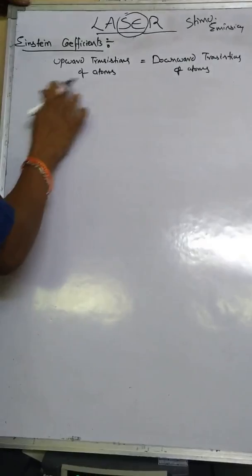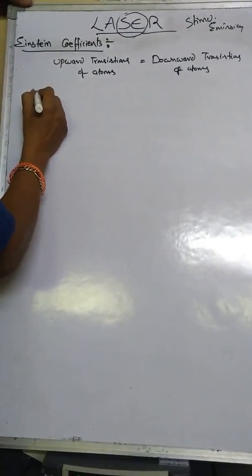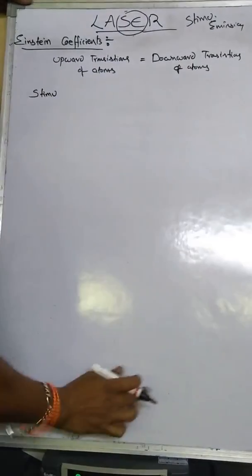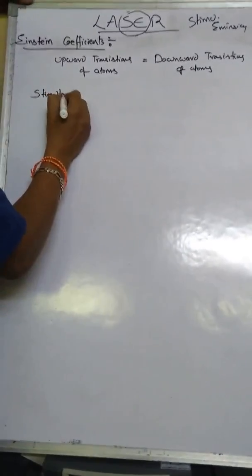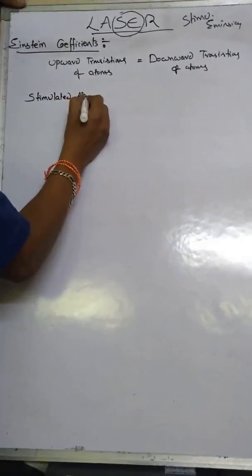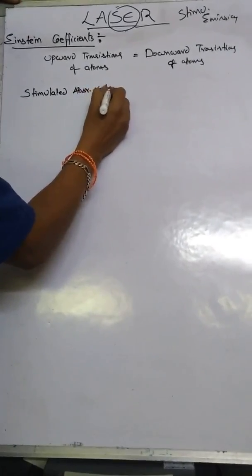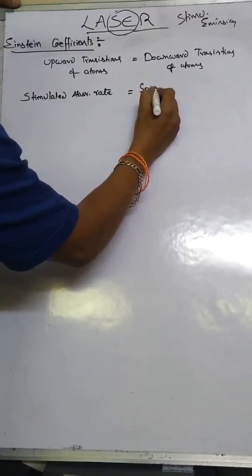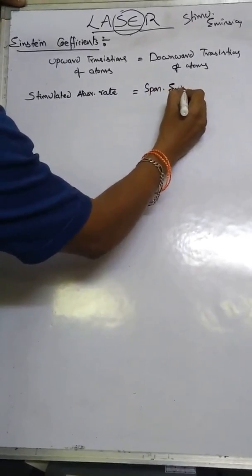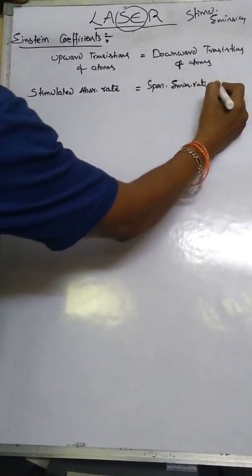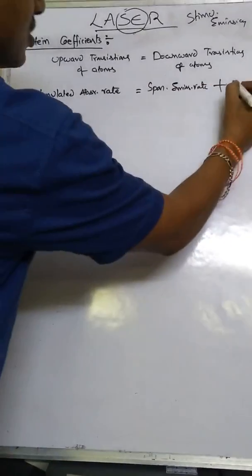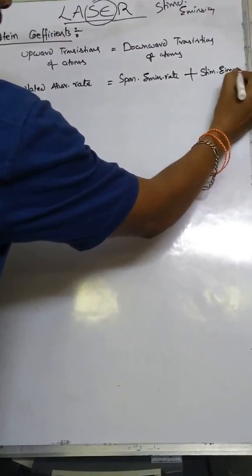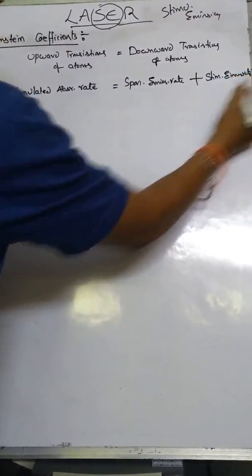And Einstein intelligently observed, by looking at the 3 equations 1, 2 and 3 that I have written, that the stimulated absorption rate is equal to the downward transitions. What are the downward transitions? The spontaneous emission rate, plus there is another downward transition, that is the stimulated emission rate.